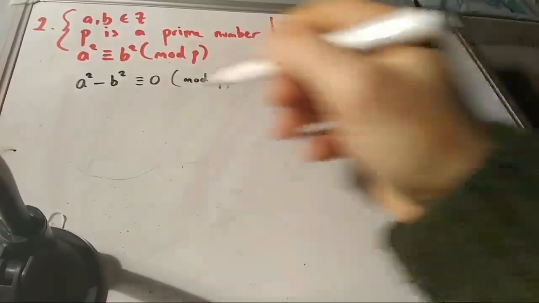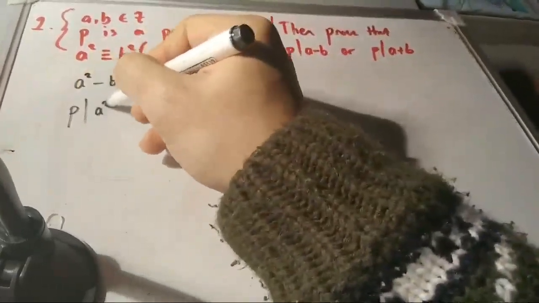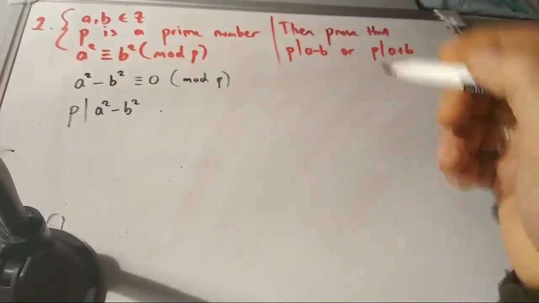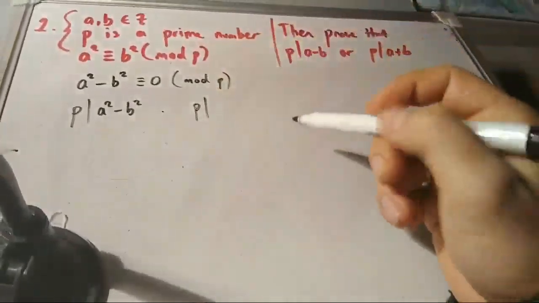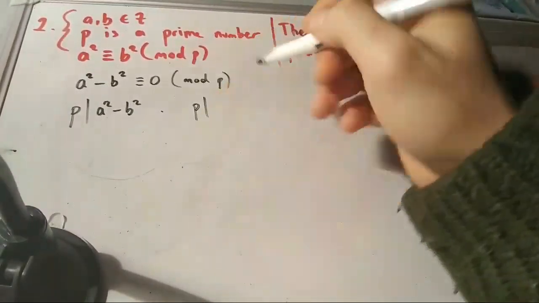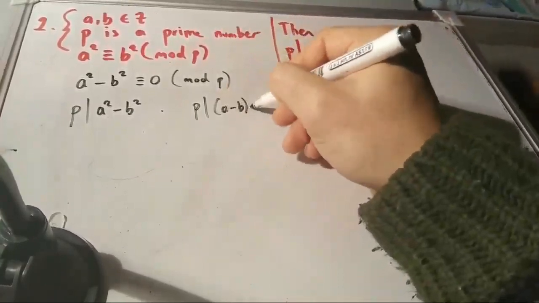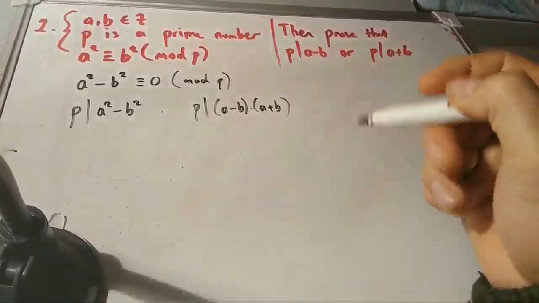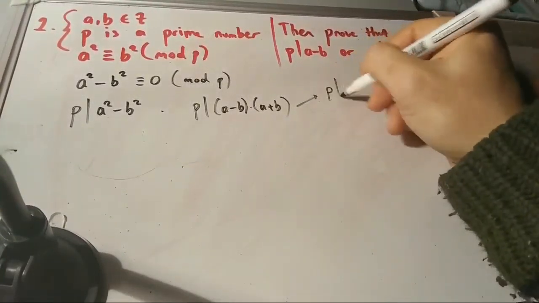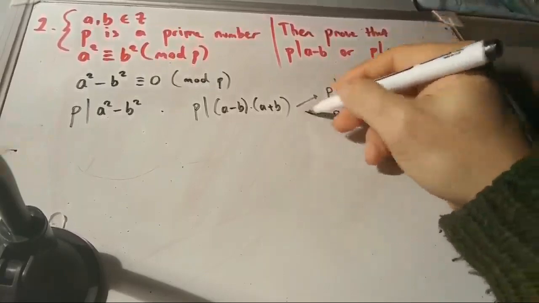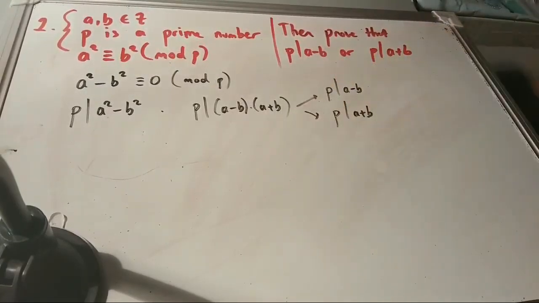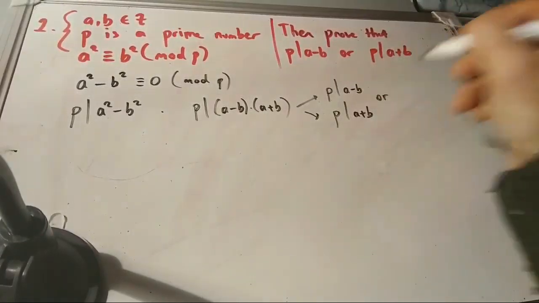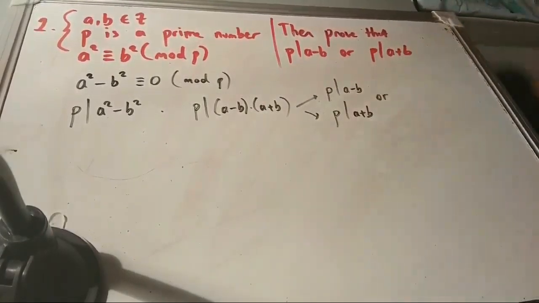So p divides a squared minus b squared, which is a difference of two squares. So instead of this, we can write a minus b times a plus b. If p divides a minus b times a plus b, we say p divides a minus b or a plus b. That's it. We got the solution.